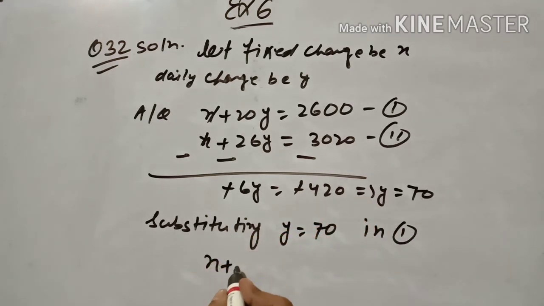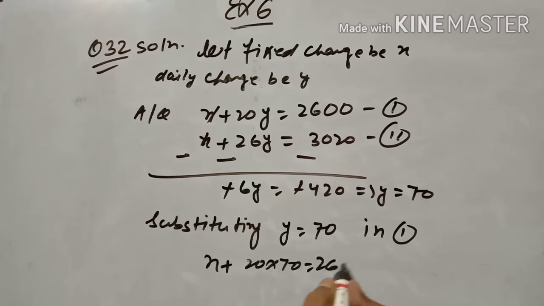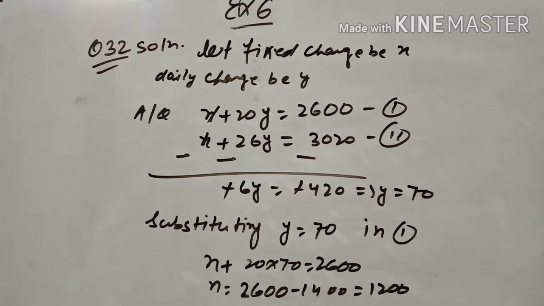So 20 into 70 is 1400. Therefore x equal to 2600 minus 1400 equal to 1200.